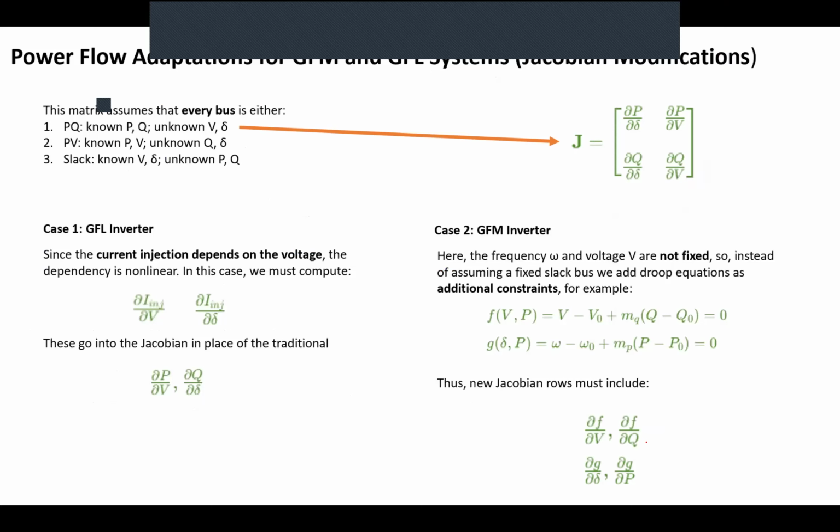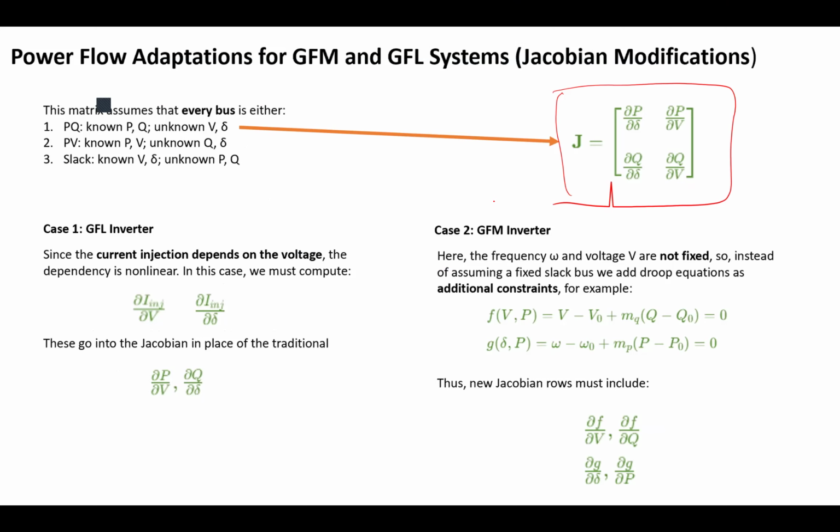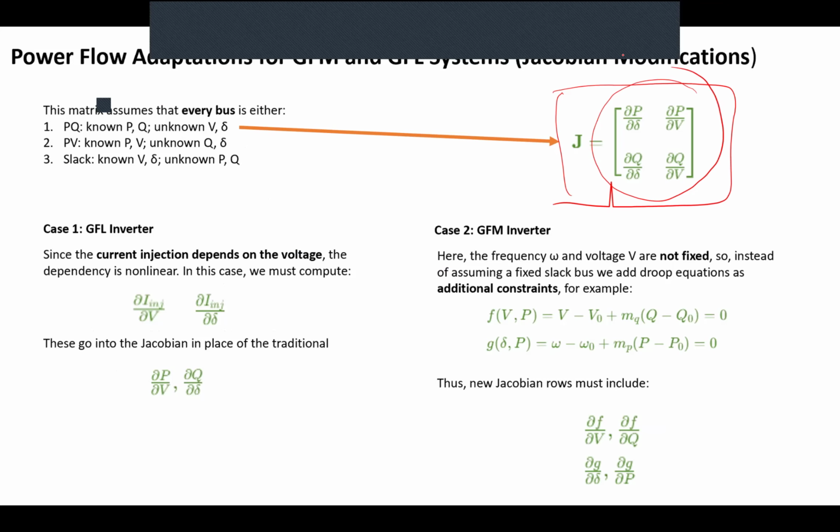Now, in the normal Jacobian, let's say for PQ buses, that was our Jacobian matrix in the power flow analysis. For example, this is a two bus system. We had the partial derivatives of P with respect to one of the unknowns, which is delta, and P with respect to another unknown, which is V, then Q with respect to delta, and Q with respect to V. That was our Jacobian matrix, if you remember.